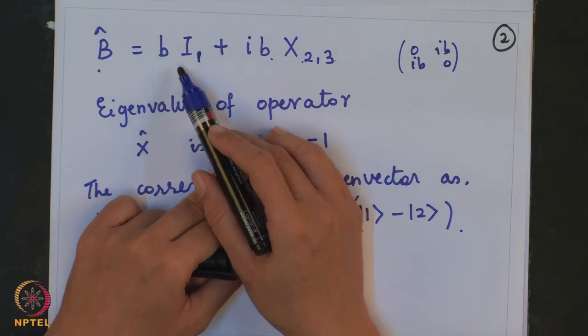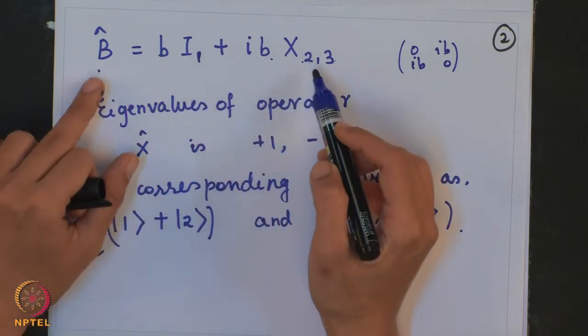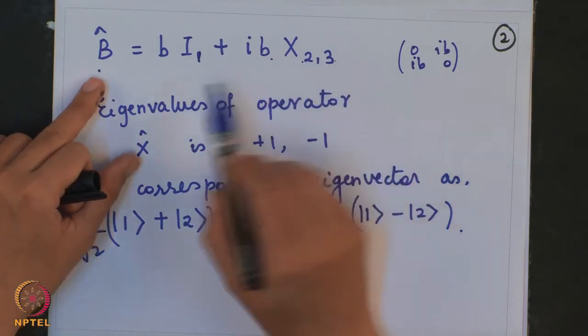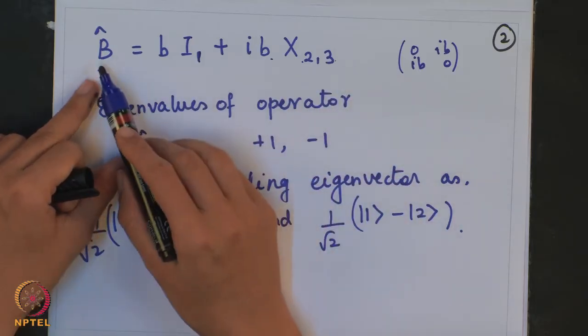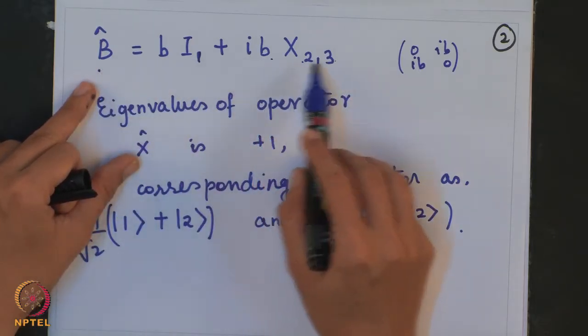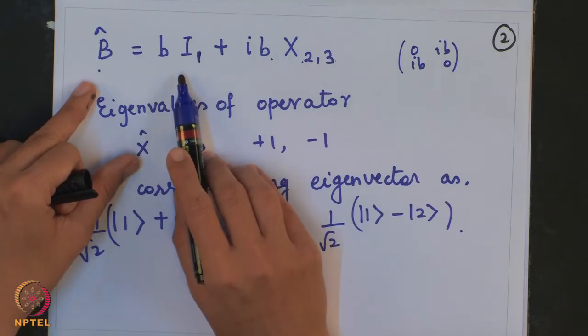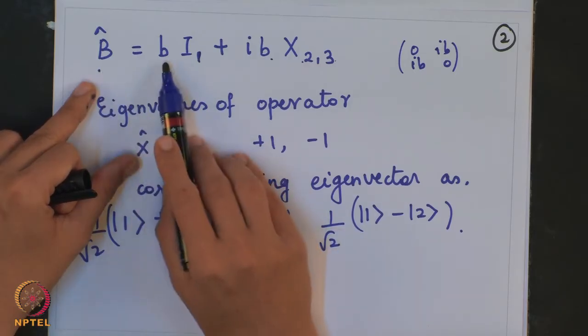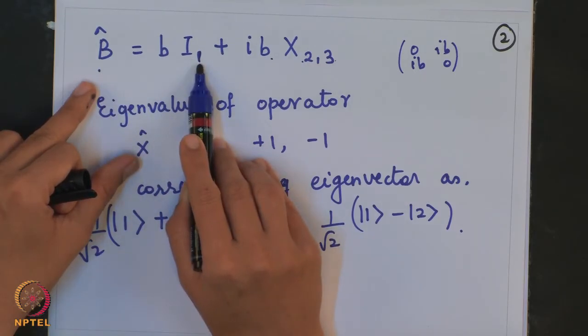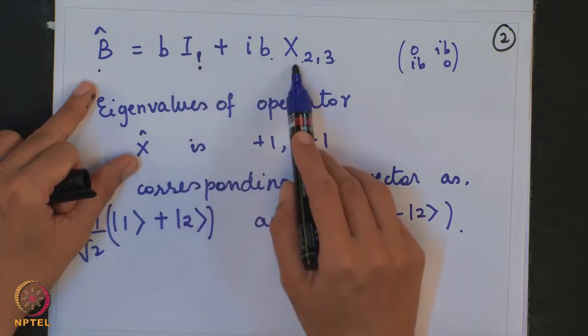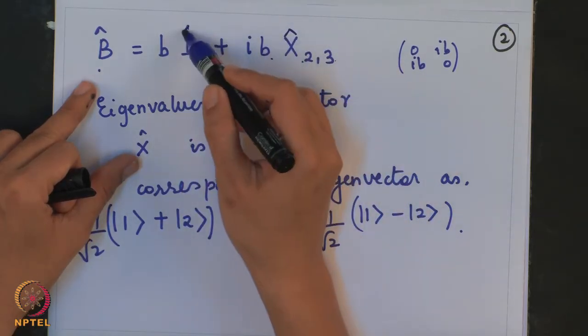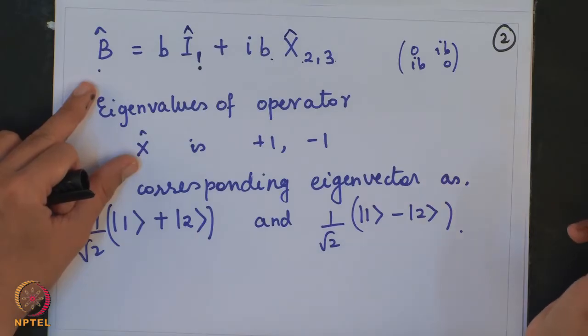So I can write the operator in terms of these operators: operator B in terms of the identity operator and the Pauli matrix.